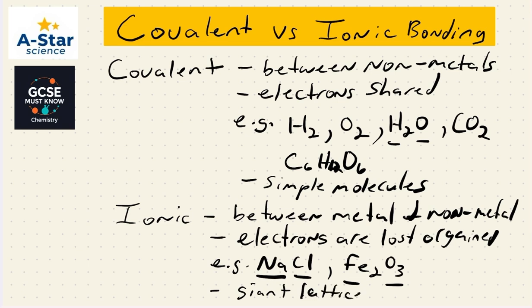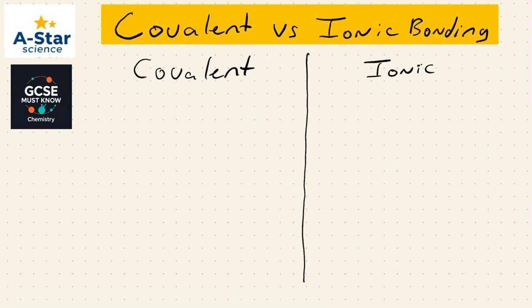But how do we draw these structures? What do the diagrams look like for covalent versus ionic bonding? Well, let's look at an example for hydrogen as a molecule. Hydrogen on the periodic table has one electron on its outer shell. I know this because it's in group 1, but the molecule is made up of two atoms, so I need another hydrogen.